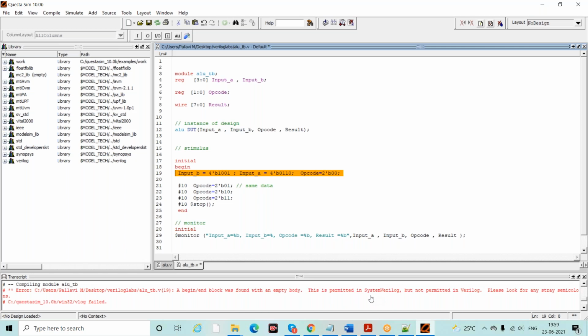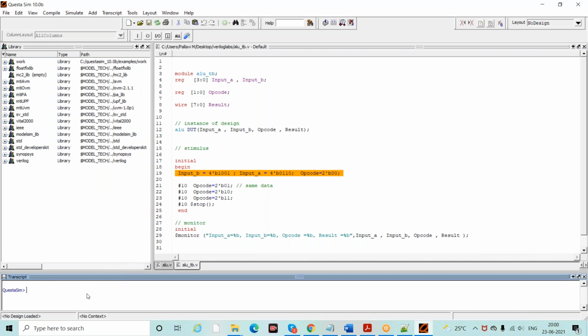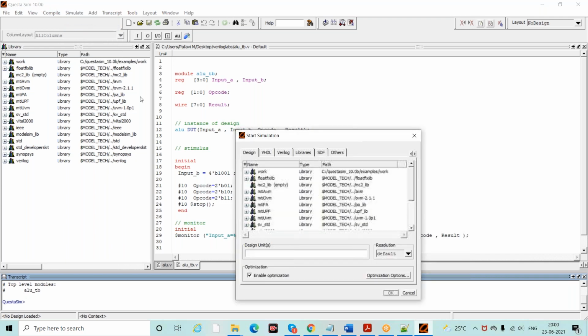I think it's not permitted. Actually, I always write SystemVerilog code, so I'm a bit confused here. Begin. Sir, check the 29th line. Oh no. Yeah, thank you. Fine, so we can see the overall result now. Thank you, Rajesh.